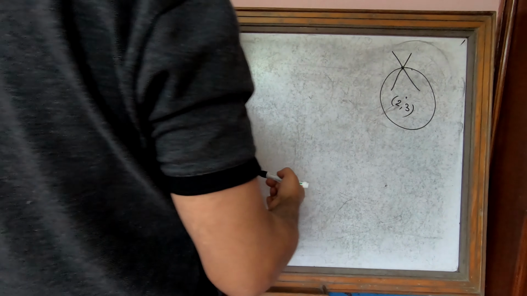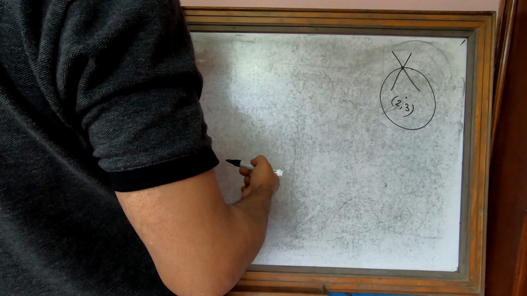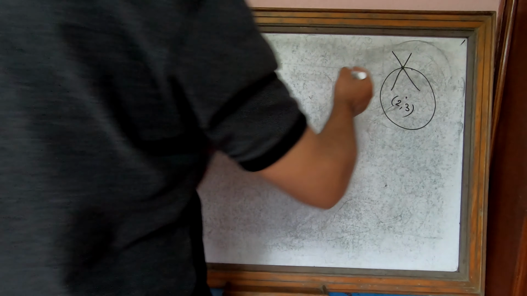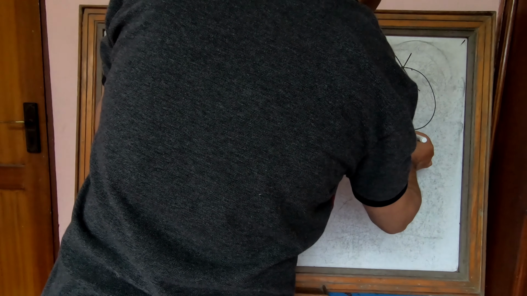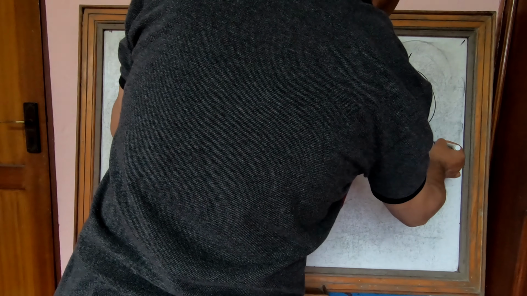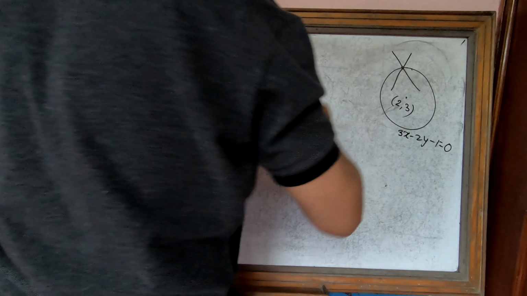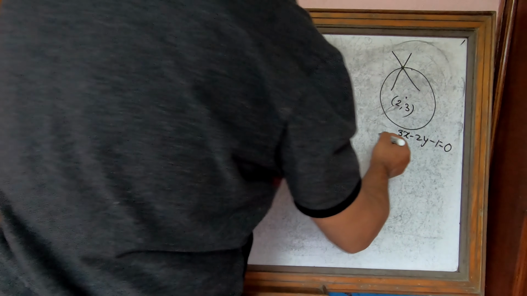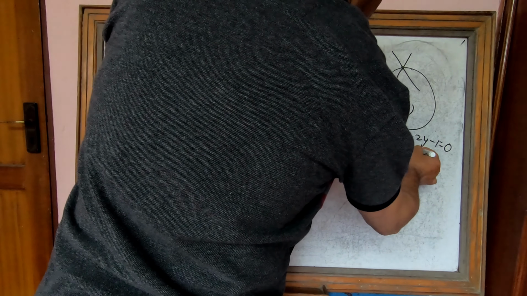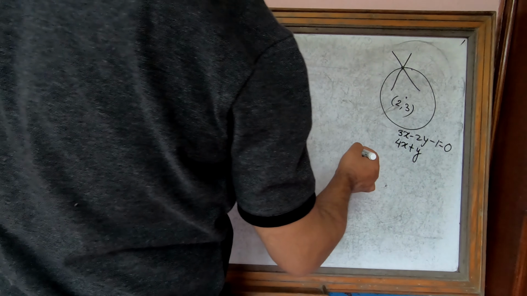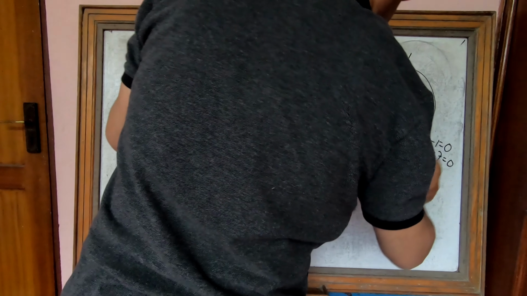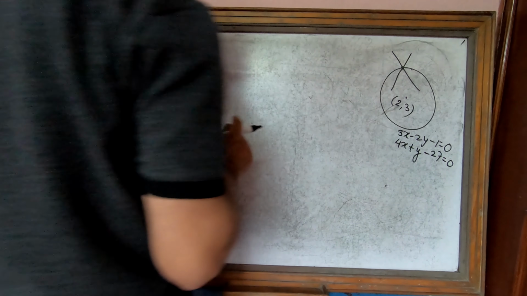Their equations are 3x minus 2y minus 1 equals to 0 is the equation of one line, and another is 4x plus y minus 27 equals to 0. Okay, these are the equations of these two lines.